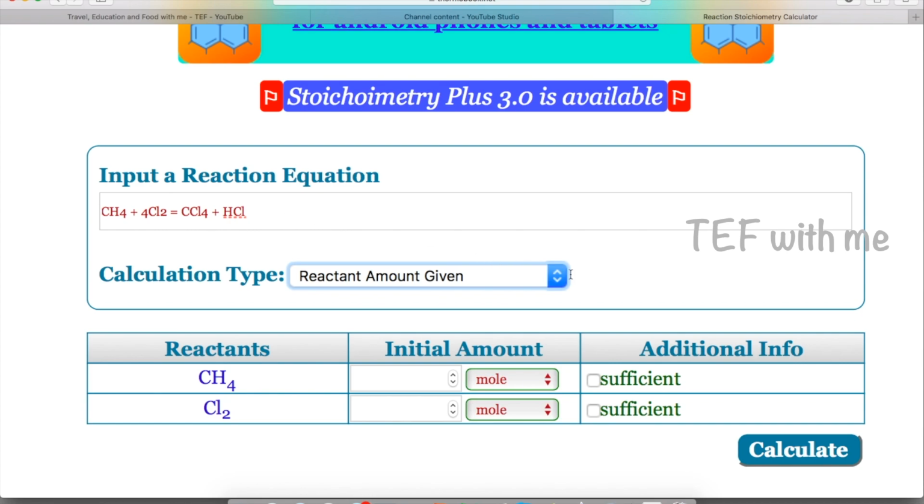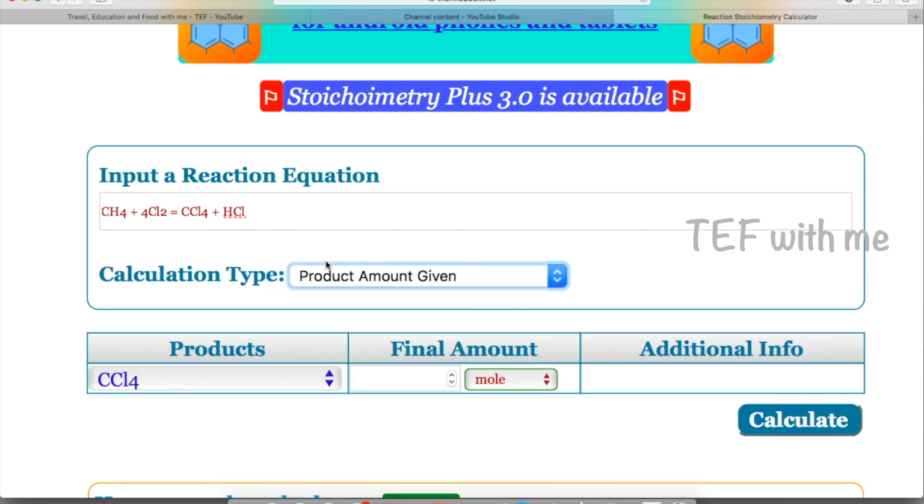You have to enter the reactant amount given, that is how many grams or how many moles of methane or chlorine you take. Otherwise, if you want to calculate from the product amount given, you can calculate how many grams of carbon tetrachloride or hydrochloric acid you can obtain using this method.